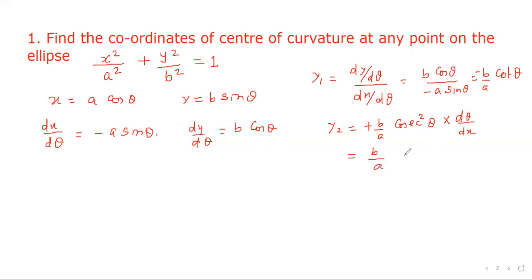So b upon a cosec square theta times minus 1 upon a sin theta. So this will become minus b upon a square cosec cube theta. So we have got y1 and y2.